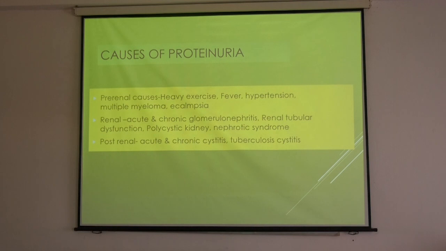B cell. So B lymphocytes produce some cells called plasma cells. These plasma cells produce immunoglobulins. So multiple myeloma is a cancer or malignancy of these plasma cells.